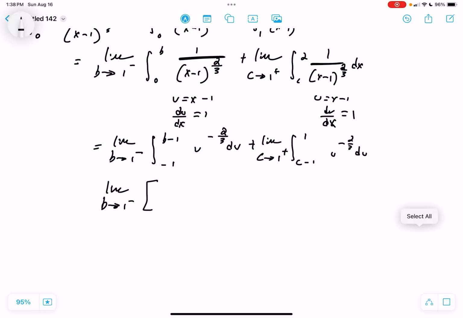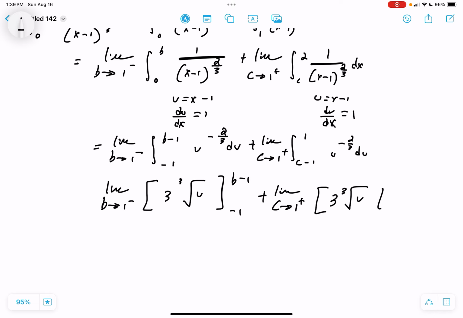So that's going to make that 1/3 and then 1/3 on the bottom. So that's going to be 3 cube root u from -1 to b minus 1, plus the limit as c approaches 1 from the right. And then the same thing here, 3 cube root u from c minus 1 to 1.